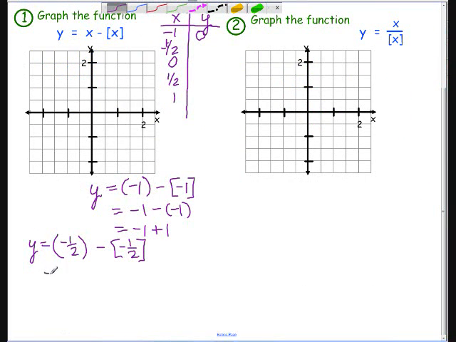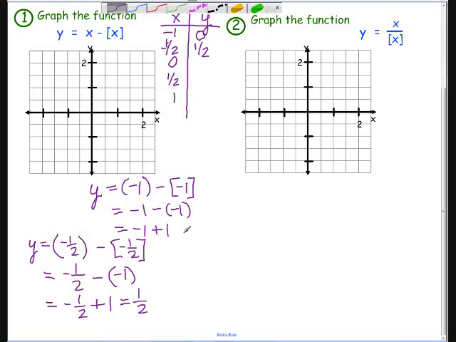So this is equal to negative 1/2 minus a negative 1. That will simplify. It'll equal positive 1/2.